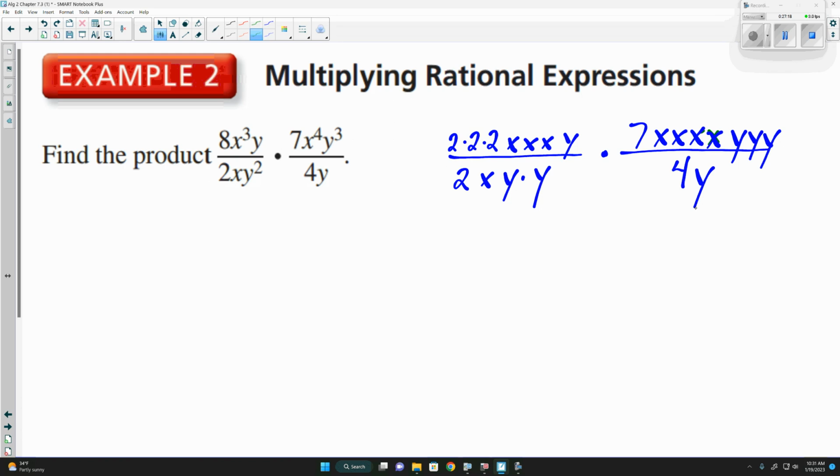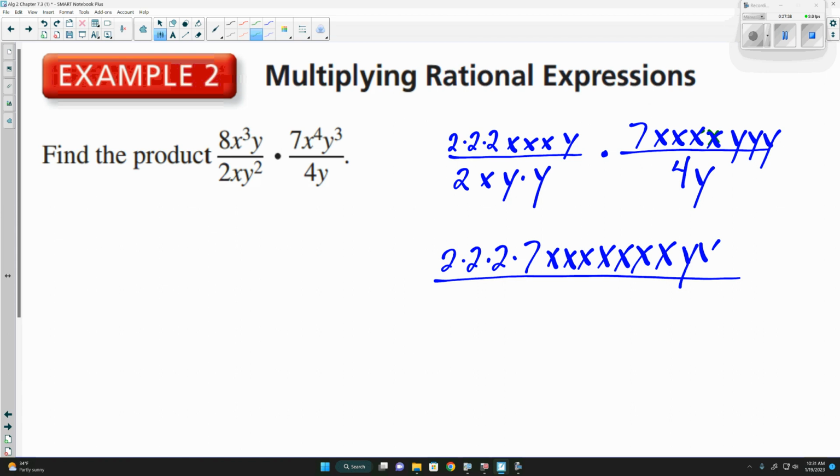If we broke it down into prime factorization, into simplest forms, then we can multiply them together. So we have 2 times 2 times 2 times 7. We have 3 x's from the first, 4 from the second, 1 y from the first, 3 y's from the second.